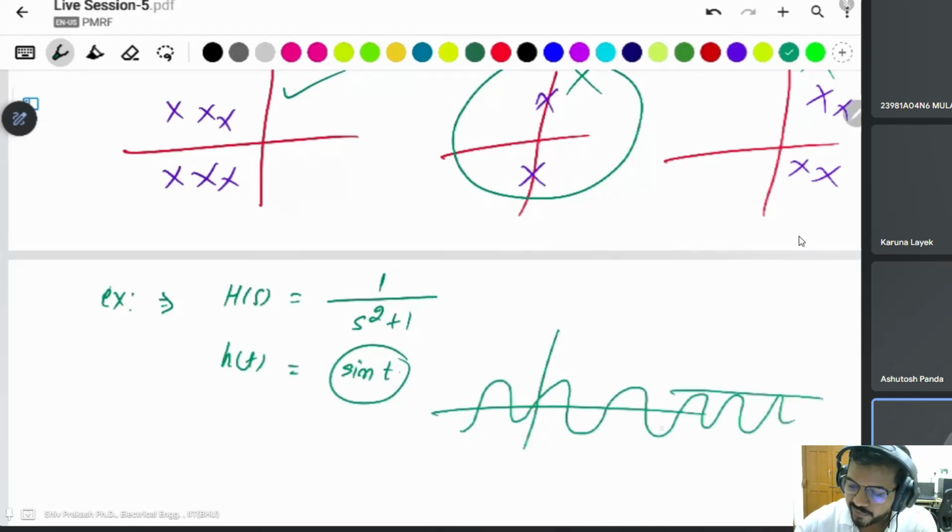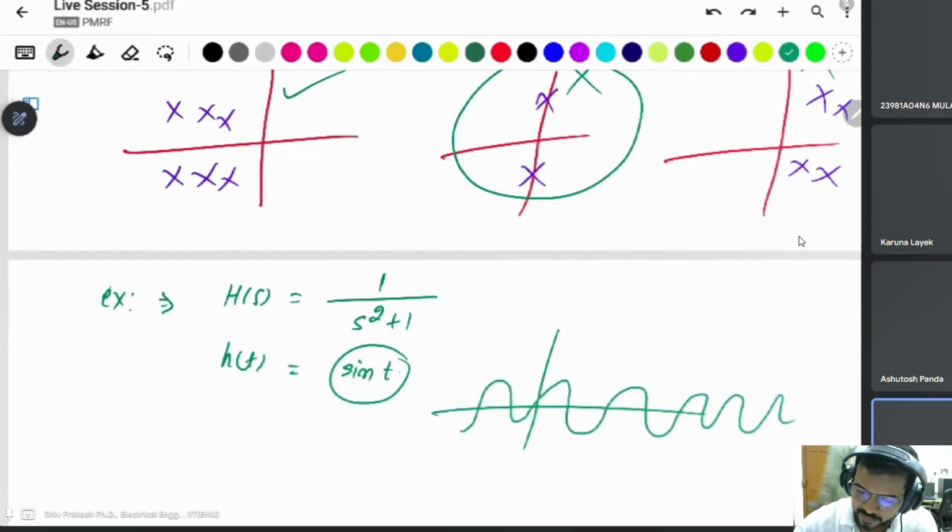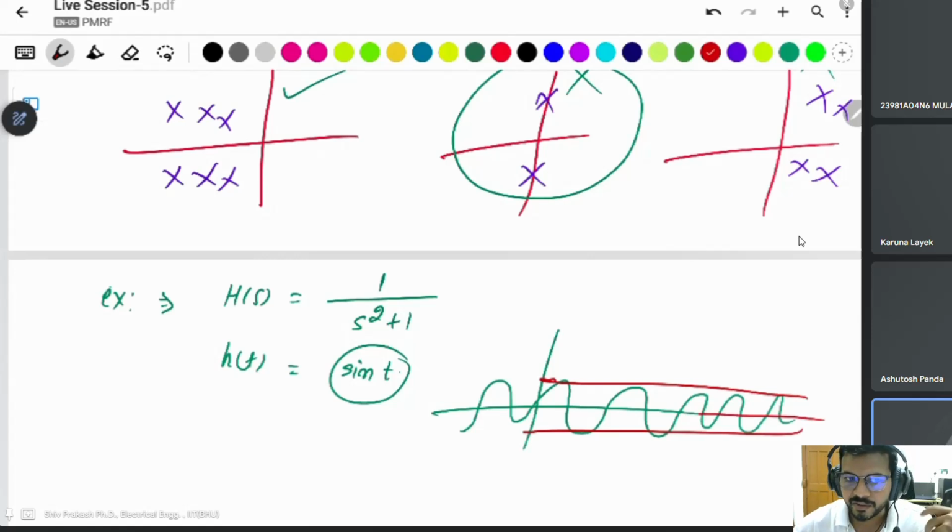You can't predict the final value of sin t because it is an oscillatory function. For an oscillatory function we can't find the final value. That's why you can't apply it here.